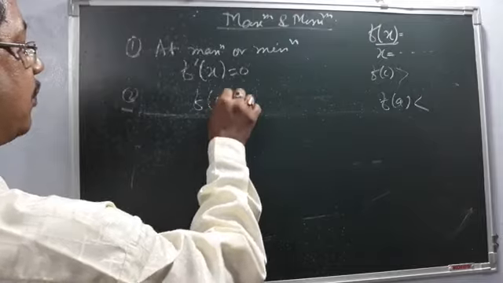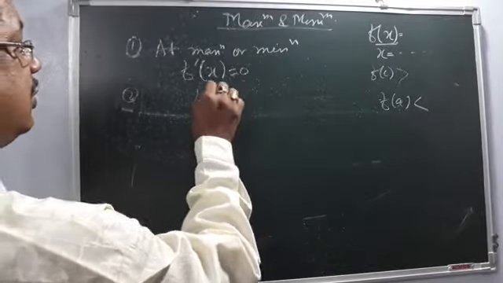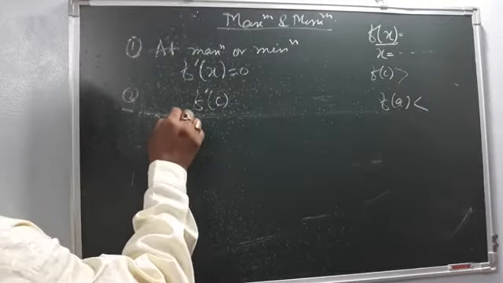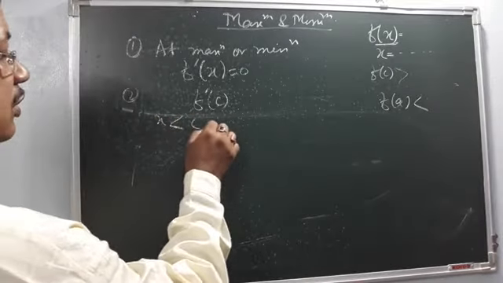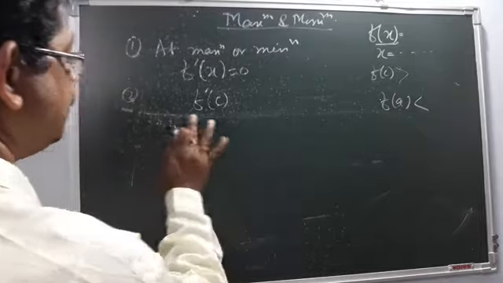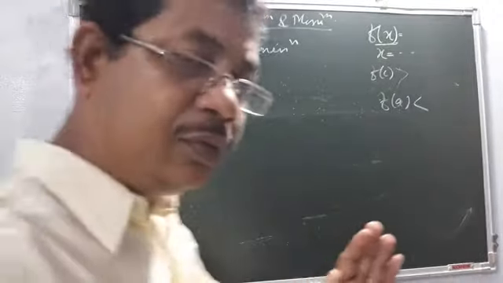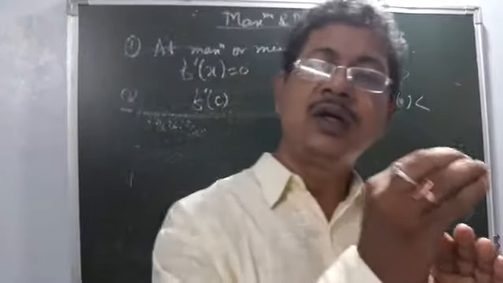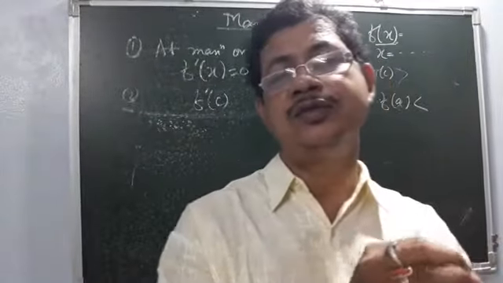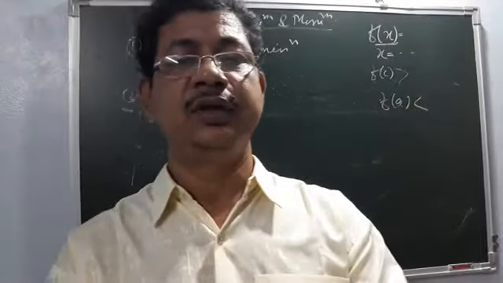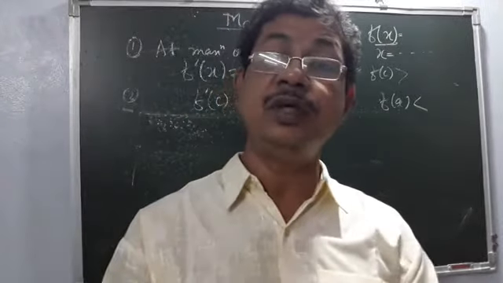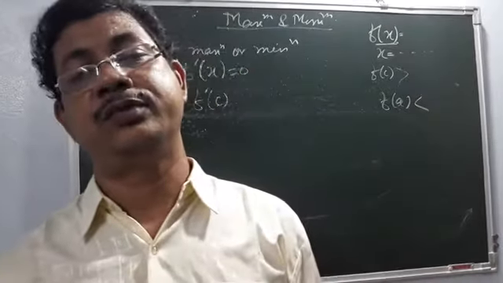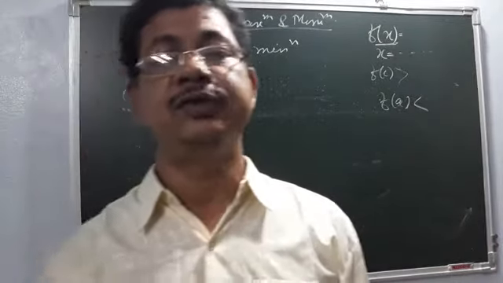Then the first derivative test says what? Suppose f'(c) is 0. Then before c, x less than c, that is, if we take a value of x which is just a little smaller than c and a little bigger than c, then if f'(x) changes from positive to negative, then it is maximum, and if negative to positive, then it is minimum.